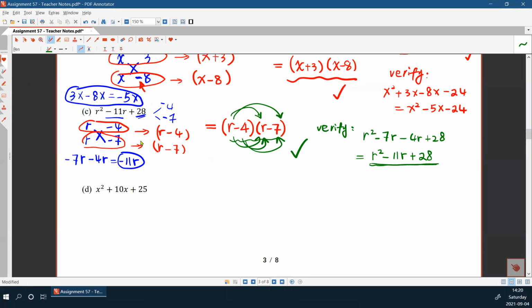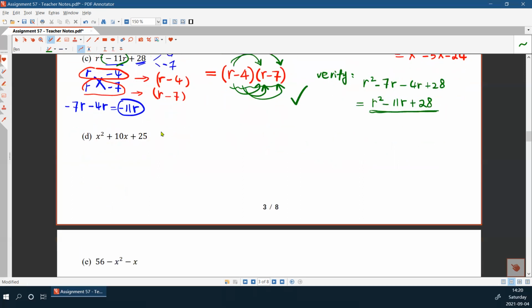So that's why this technique is called trial and error. You can try different combinations and see which combination can get you the middle term here. All right, let's see the next one.